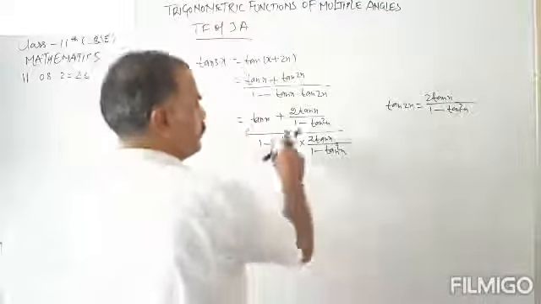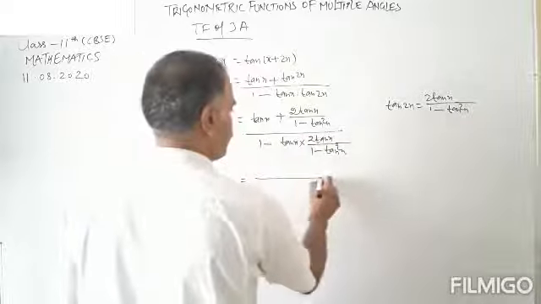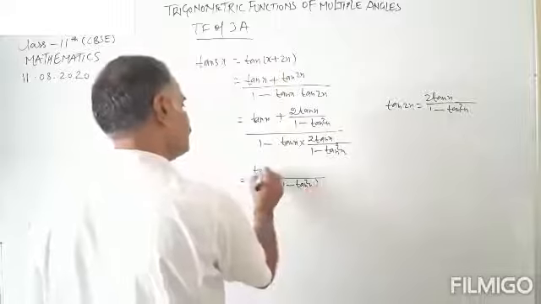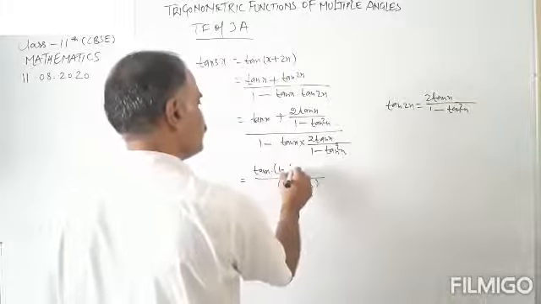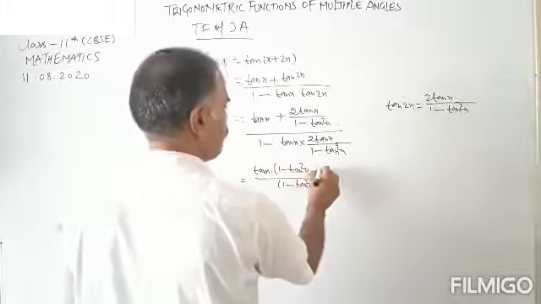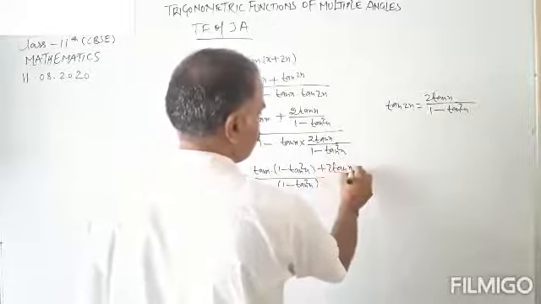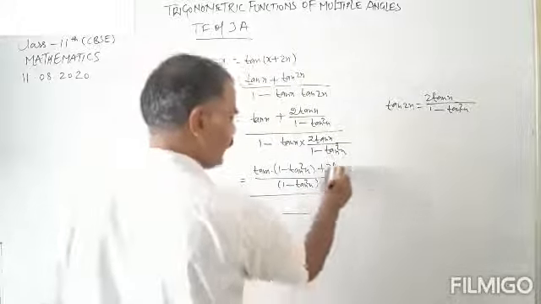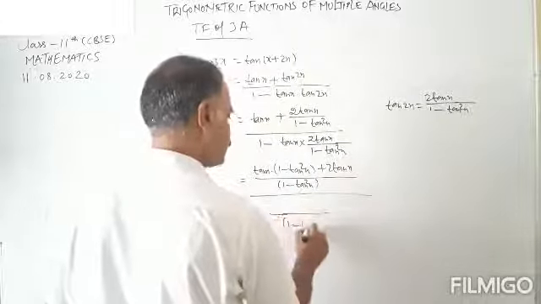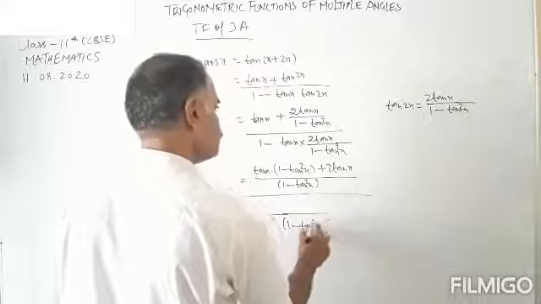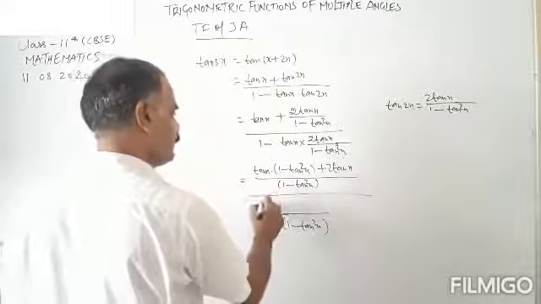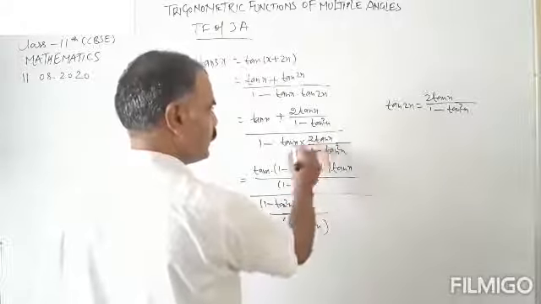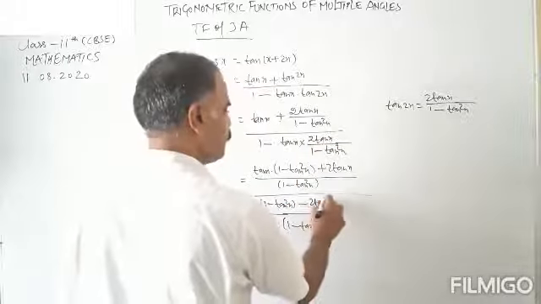Now simplifying this, taking the LCM as 1 minus tan square x, we have tan x into 1 minus tan square x plus 2 tan x upon 1 minus, again taking the LCM, 1 minus tan square x. After multiplying 1 minus tan square x and simplifying, minus 2 tan x into tan x, 2 tan square x.